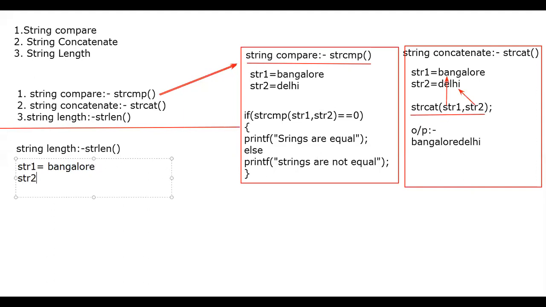Next, str2 equals Delhi. If we consider the two strings, then we should go for strlen of str1. In that case, we'll go to find the length of Bangalore.